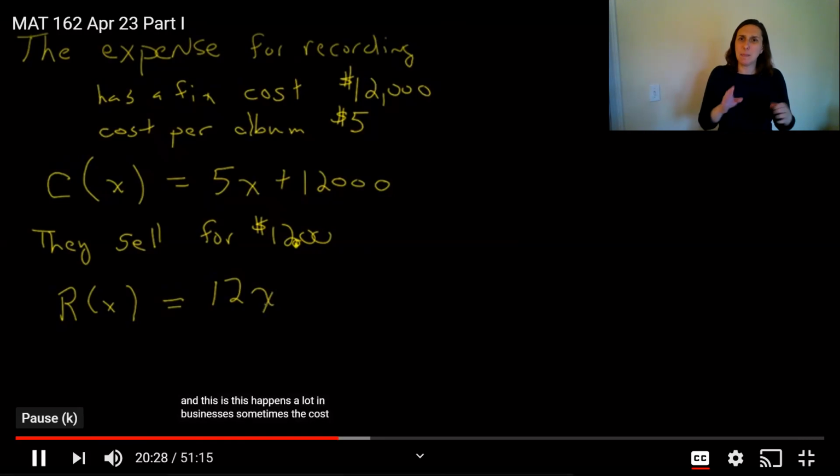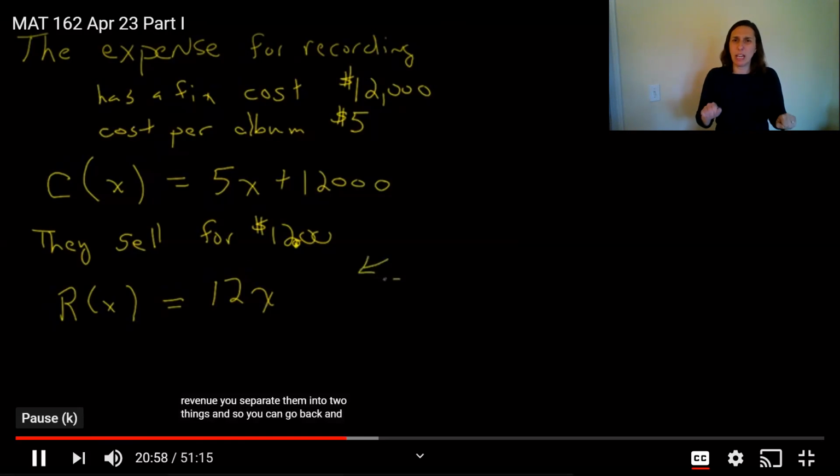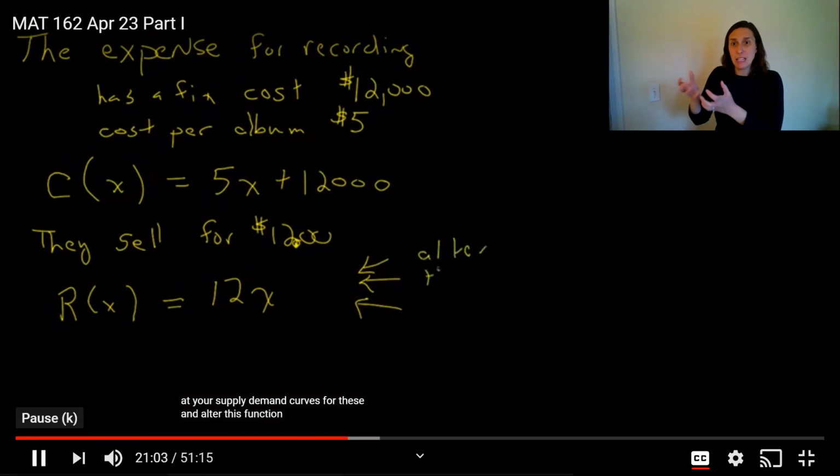Sometimes the cost and the revenue functions are isolated from each other. You run a marketing campaign, you change your cost function. You change your price point, or you have different loss leader giveaways and things that are happening within the sales form, and your revenue function changes. And so instead of keeping one big nasty function that has all your cost and revenue, you separate them into two things. And so you can go back and look at your supply demand curves for these and alter this function to maximize sales.